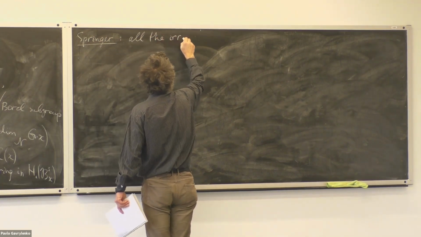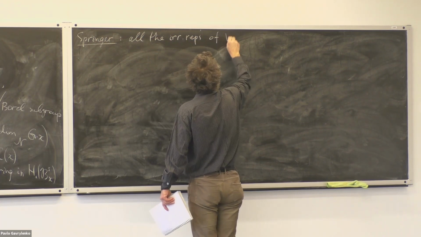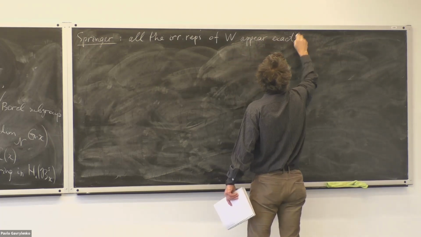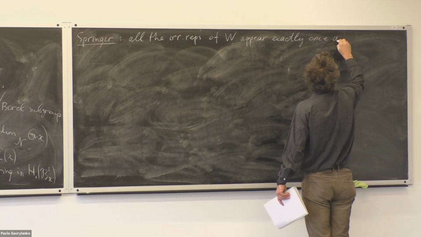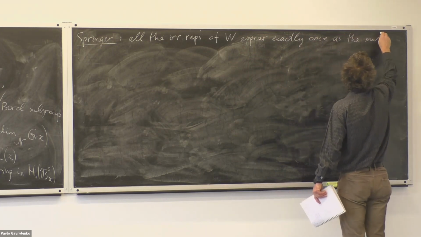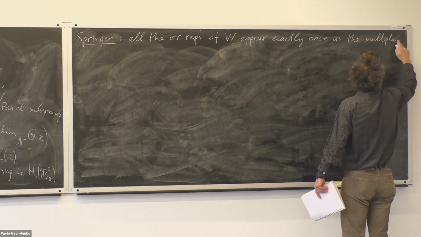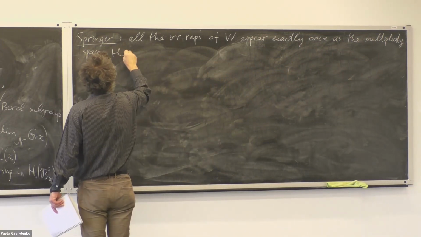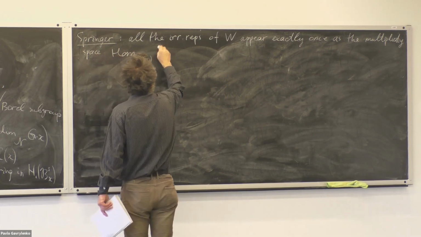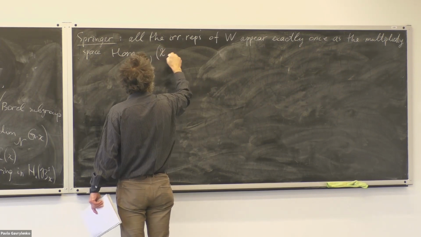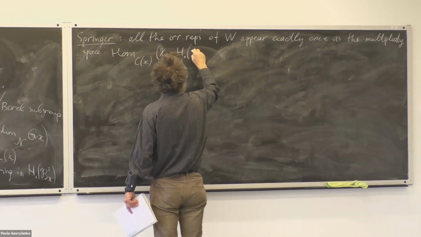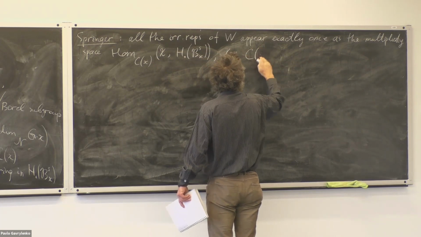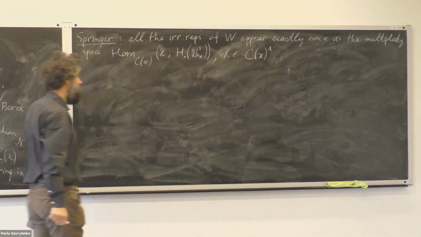All the irreducible W-modules appear exactly once as the multiplicity space for chi, where chi is the relevant irreducible representation of the component group.